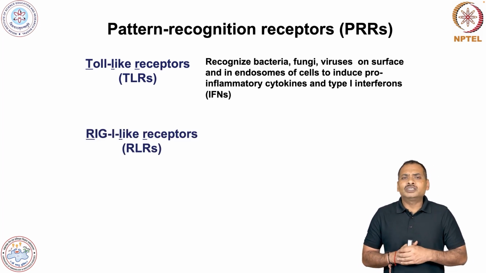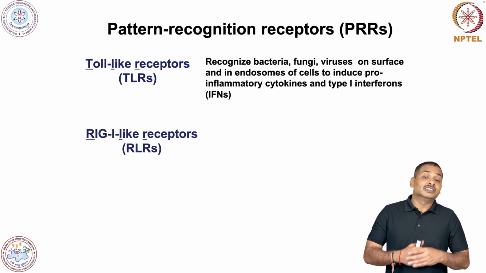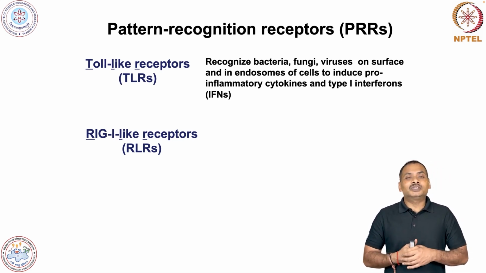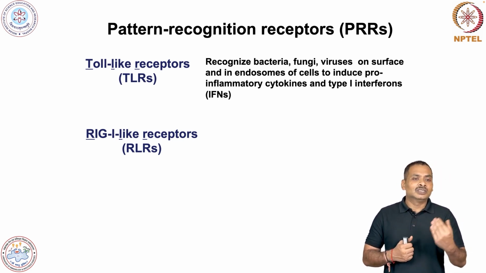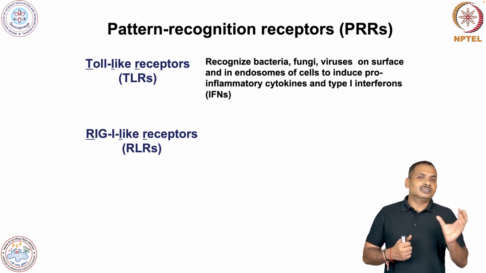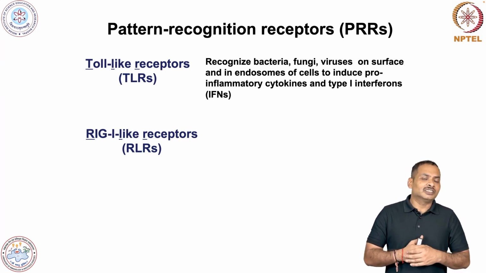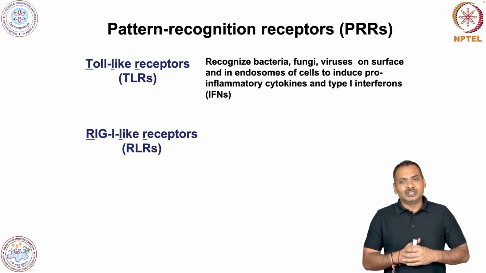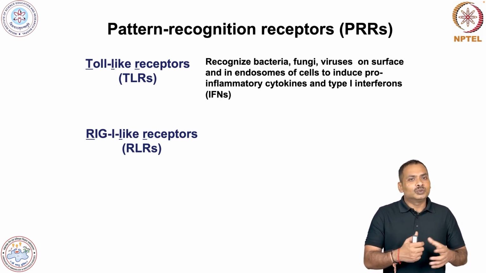Another very important family of pattern recognition receptors is the Rigi-like receptor. Here you can see this Rigi-like receptor is derived from Rig-I. This is a retinoic acid induced gene, and there is a family of molecules which is induced by retinoic acid.